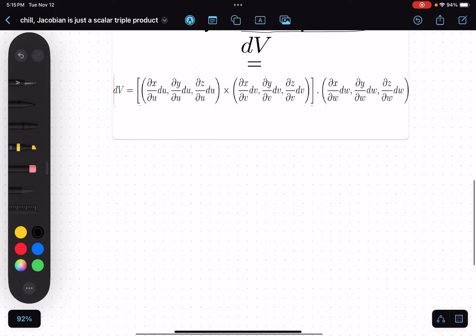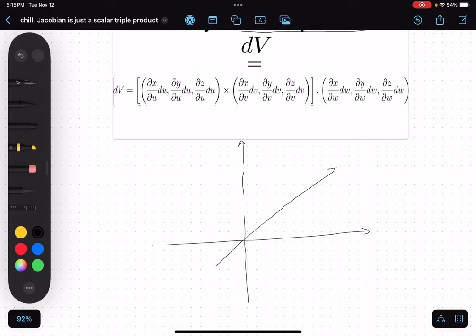Now we will take a cylinder to begin with. Now note that, let me take a cylinder.